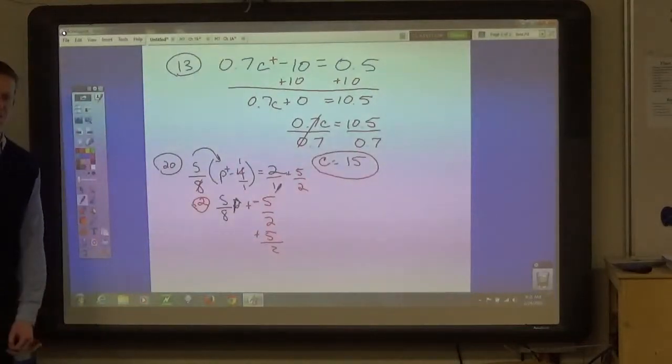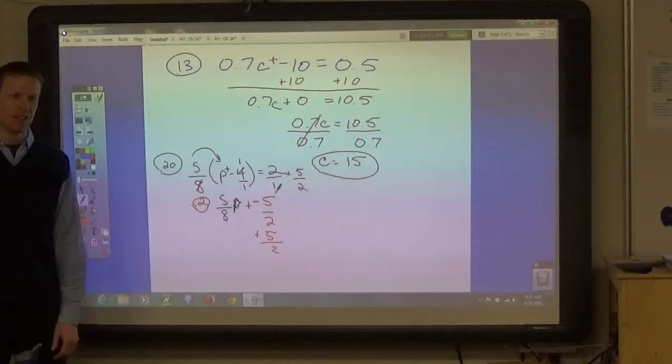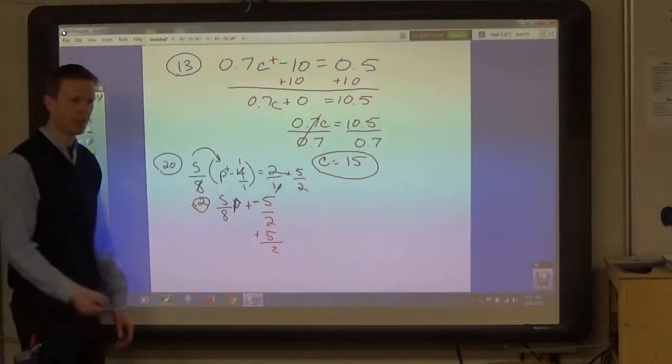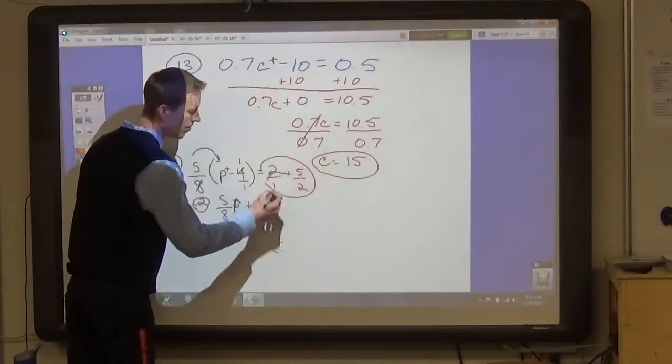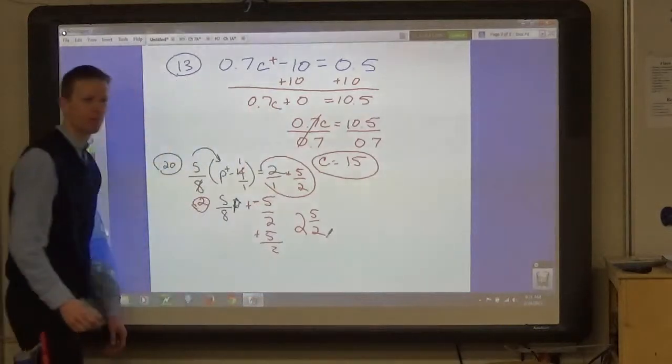How do we do that? Since we have a whole number, we can make this 2 and 5 over 2.